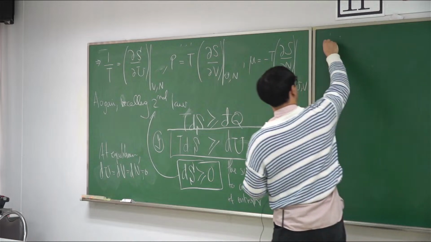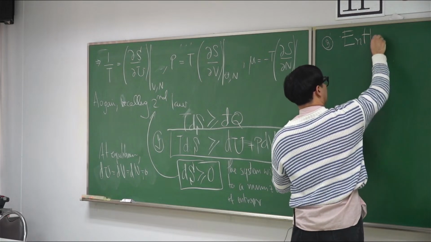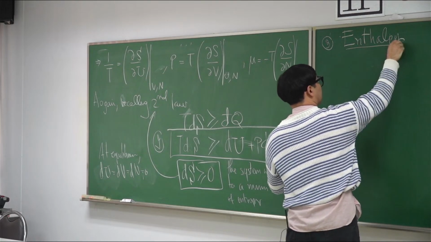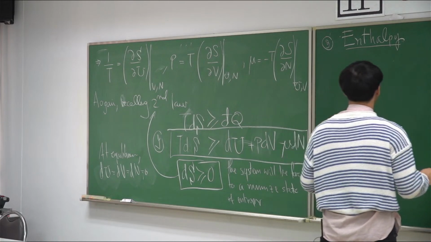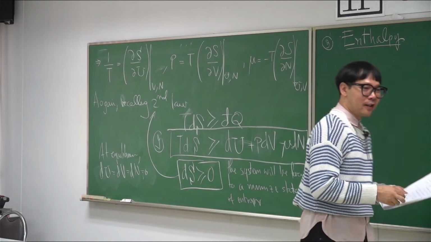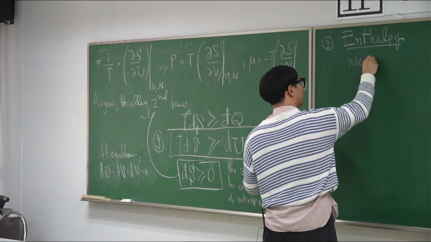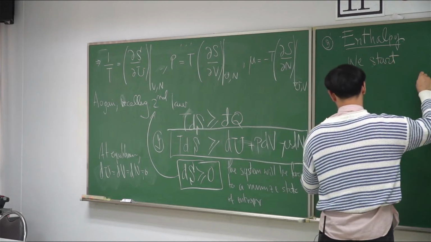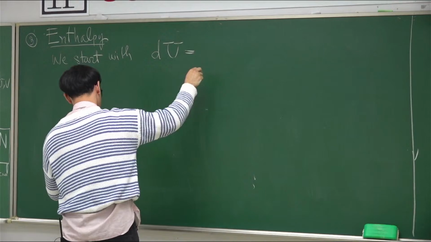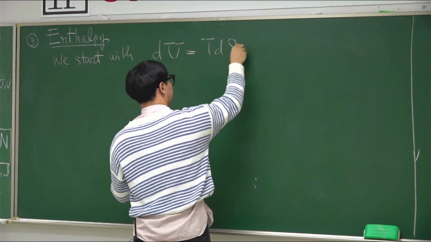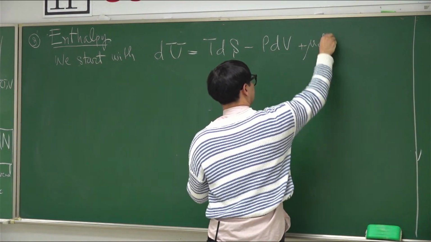The third one. So enthalpy. To define this very weird name of this new quantity, we start with the definition of the U. Okay.